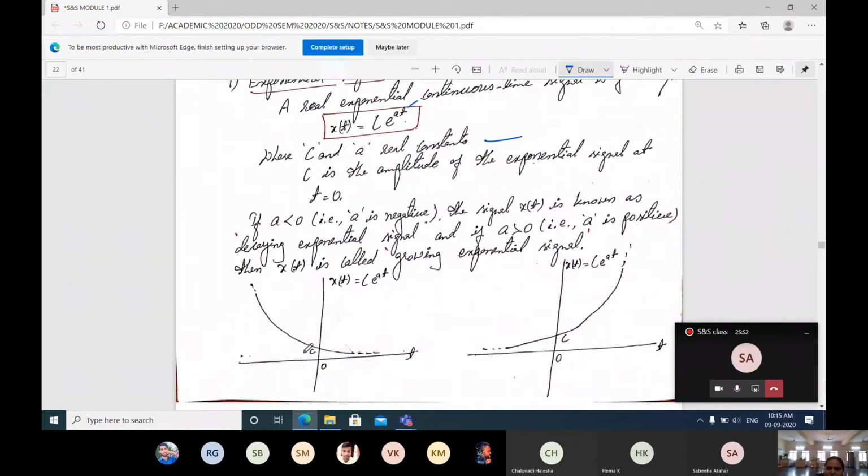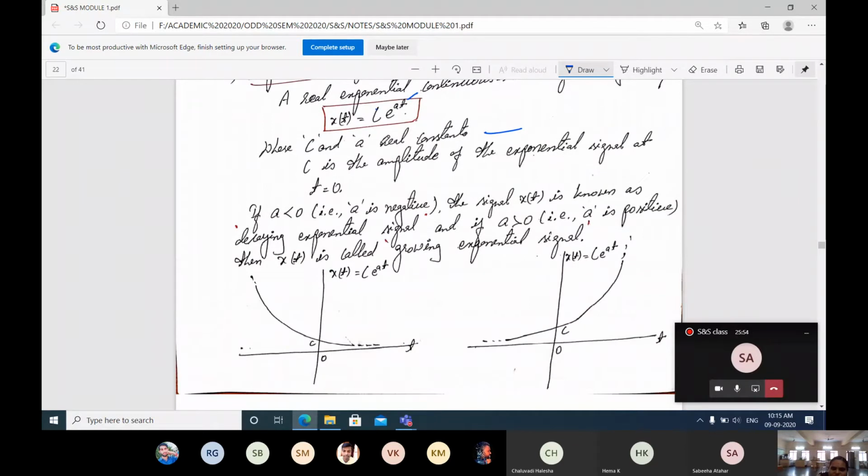Again here, there are two conditions based on the a value. When a is less than 0, for negative values, the signal x of t is decaying exponentially.